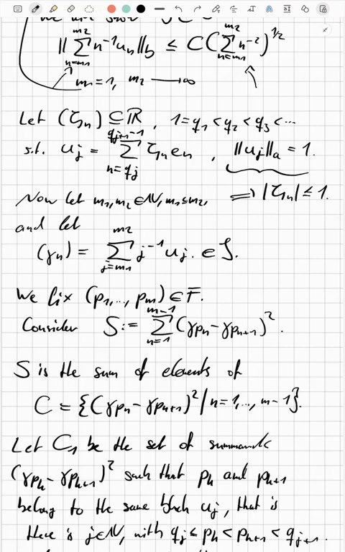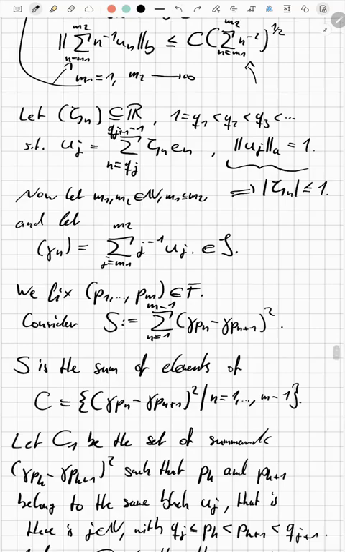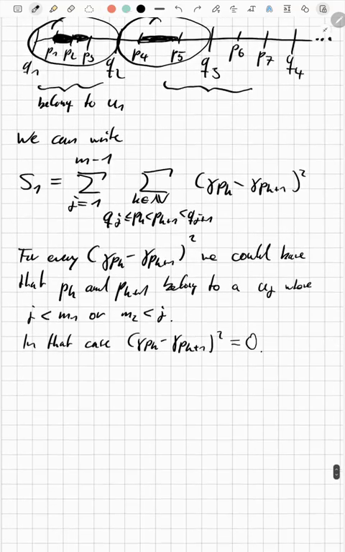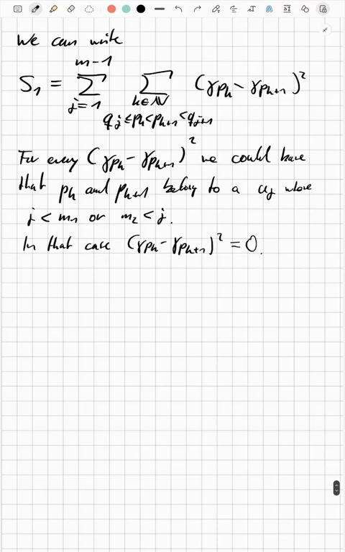However, our gamma pk might lie outside of this range that actually has values, because obviously the series gamma n is still defined for every index n, right? But it's 0 outside of these blocks. So then this is just 0. It's 0 minus 0 squared. However, this doesn't have to be the case.